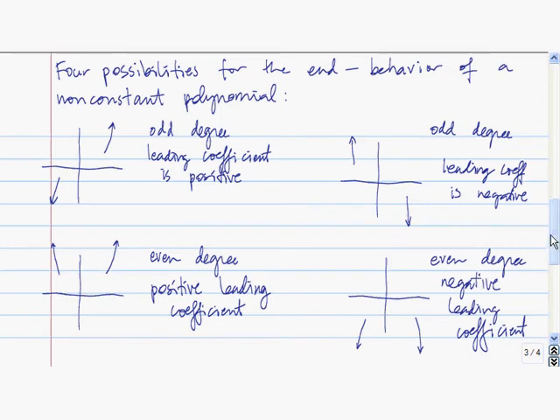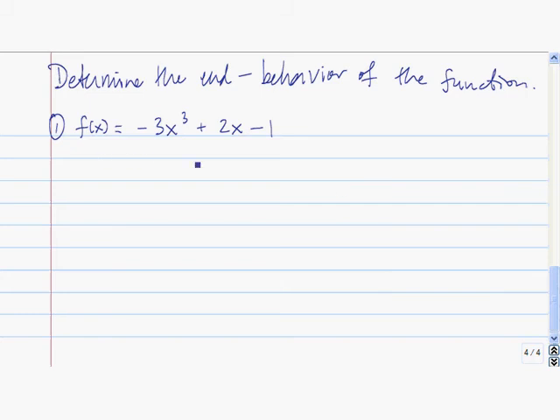Okay, let's do a couple more examples. So let's determine the end behavior of this function here. As I stated just a minute ago, the end behavior of the polynomial is completely determined by the leading term. So we need to take a look at the degree of the polynomial and the leading coefficient of the polynomial. The degree of this polynomial is 3, and that's odd. The leading coefficient is negative.